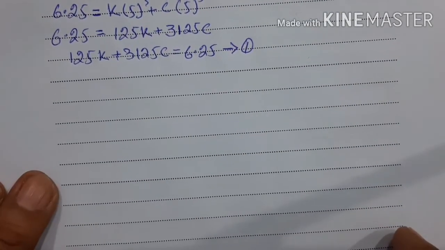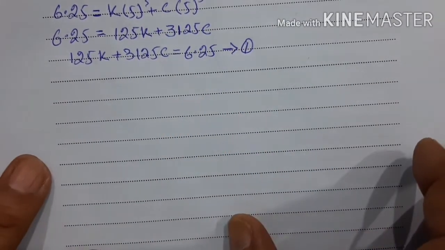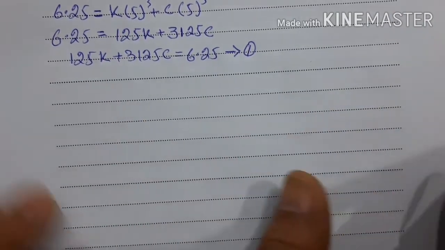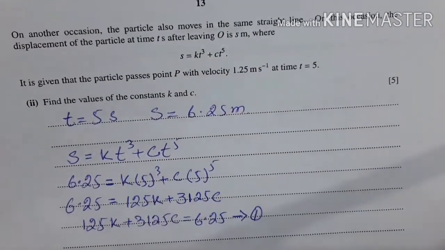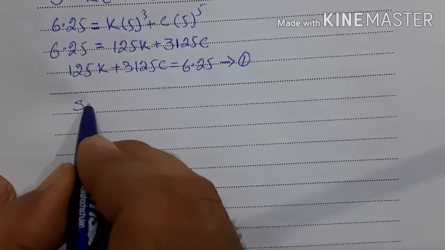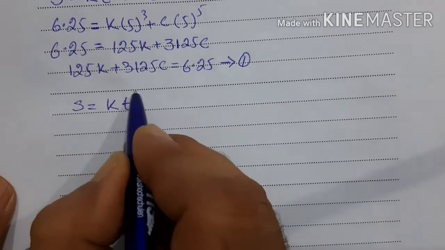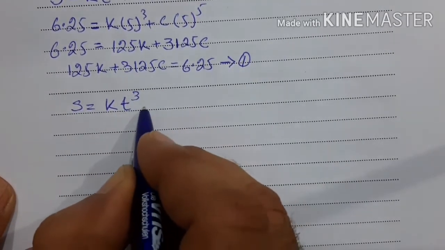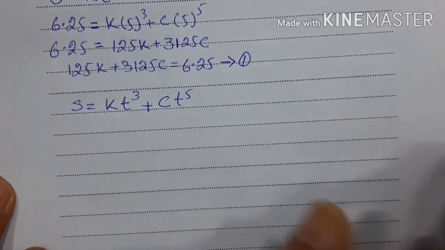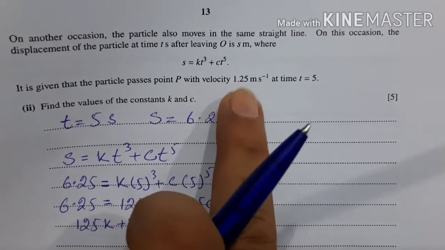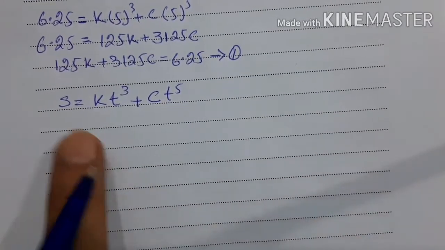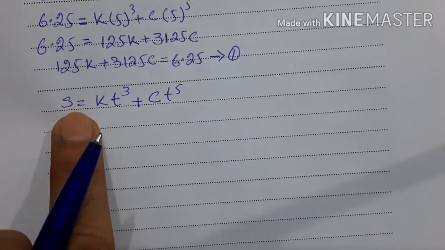Now for the second, I will use again the equation which I was given at the start, s is equal to kt cubed plus ct to the power 5. Because at P the velocity is given, it means we should find the velocity as well. From distance, how can we find velocity?